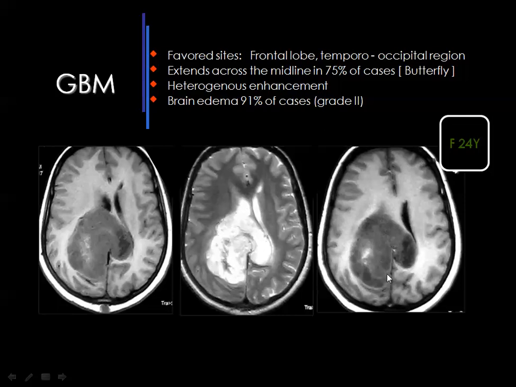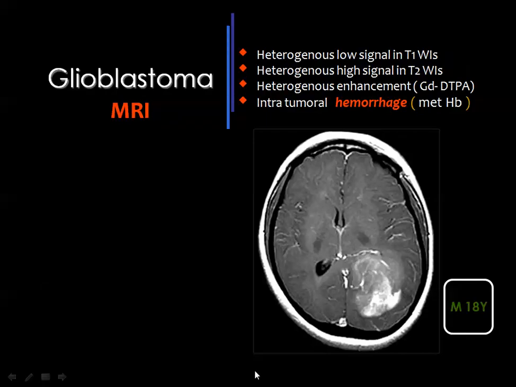If the tumor occurs in this particular anatomic area, it can easily grow through the corpus callosum and extend into the opposite side. And this is the glioblastoma multiforme by MRI T1 weighted image showing heterogeneous post-contrast enhancement.